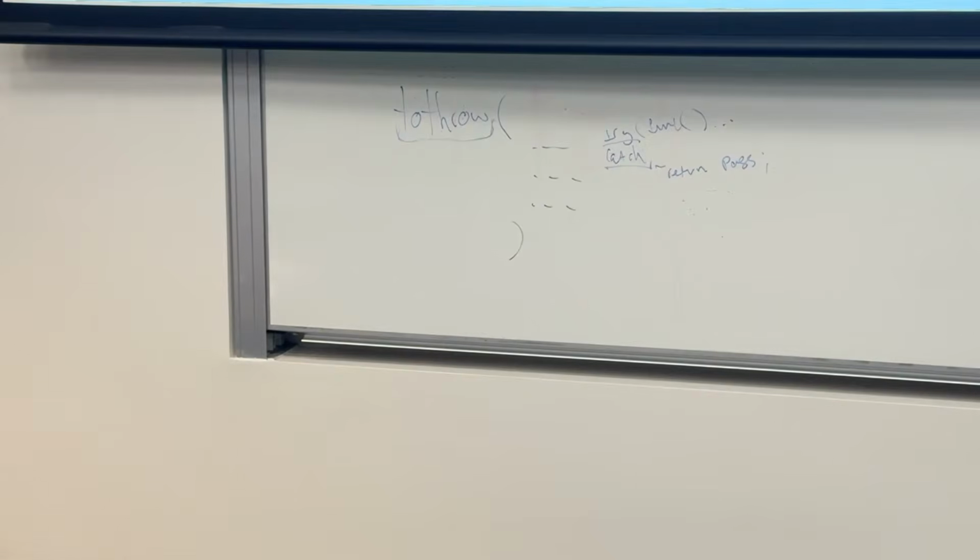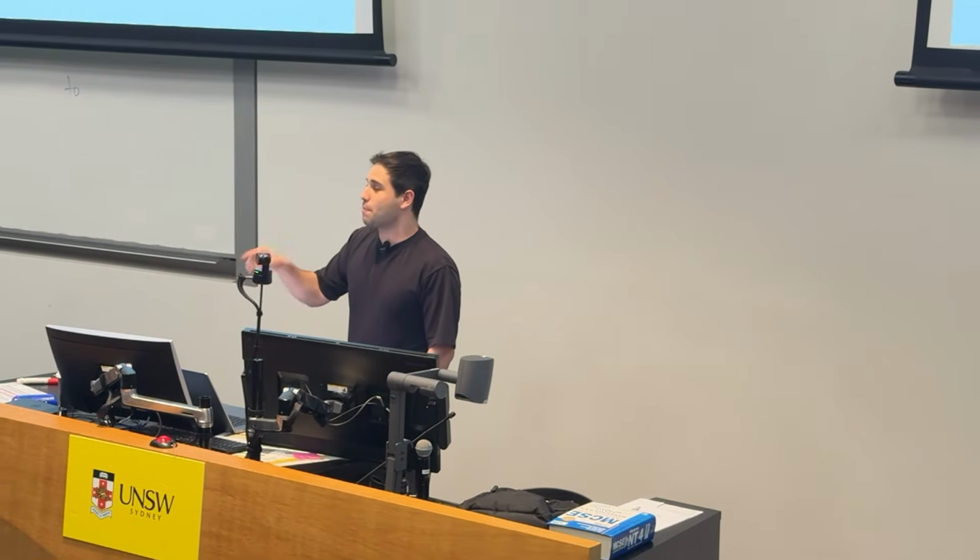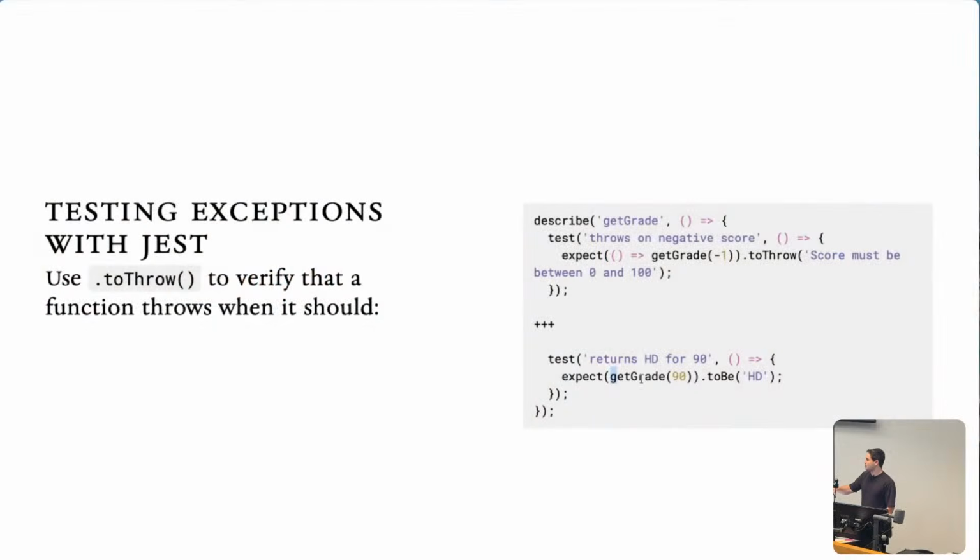You need to give it a function that it can call, which is what we're doing. We're creating an inline anonymous function, and when it's executed, it calls getGrade, so it can surround it in the catch. We don't need to do that in this case. In this case, we can just call it and get the result.